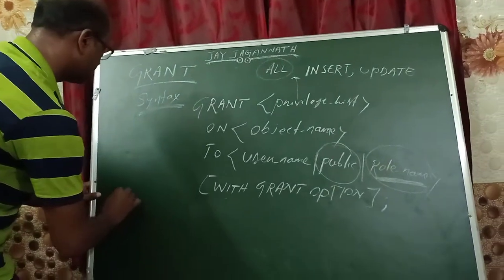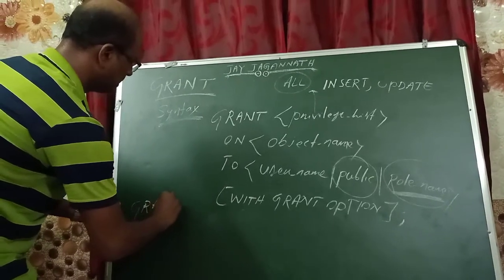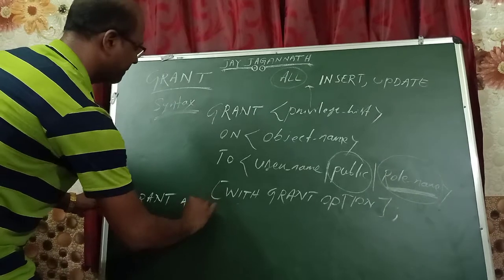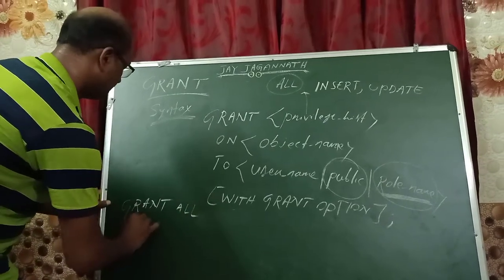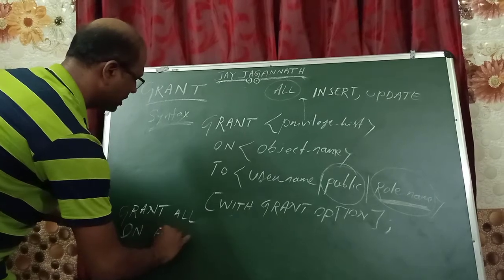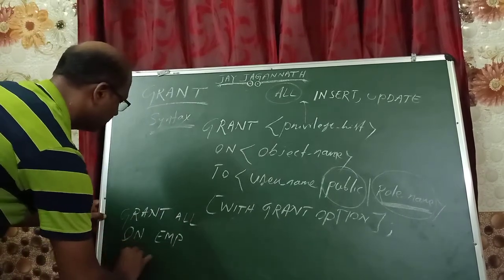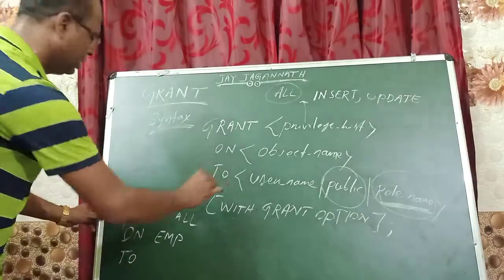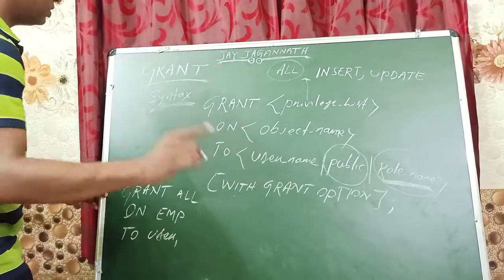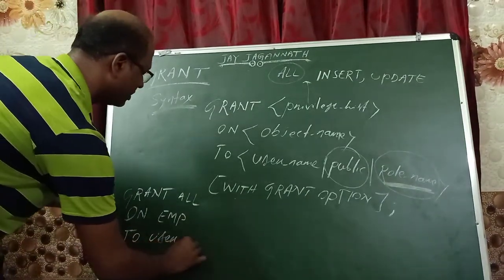One example is grant all on EMP, another table, the employee table, to user 1. Suppose the username is user 1.